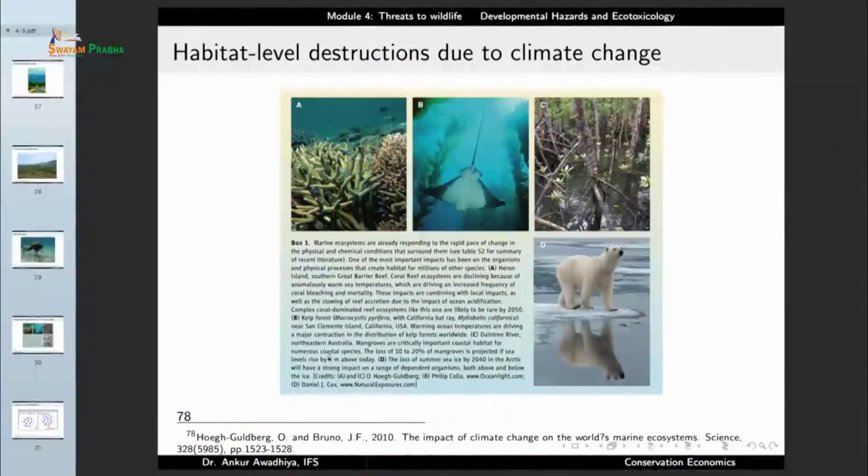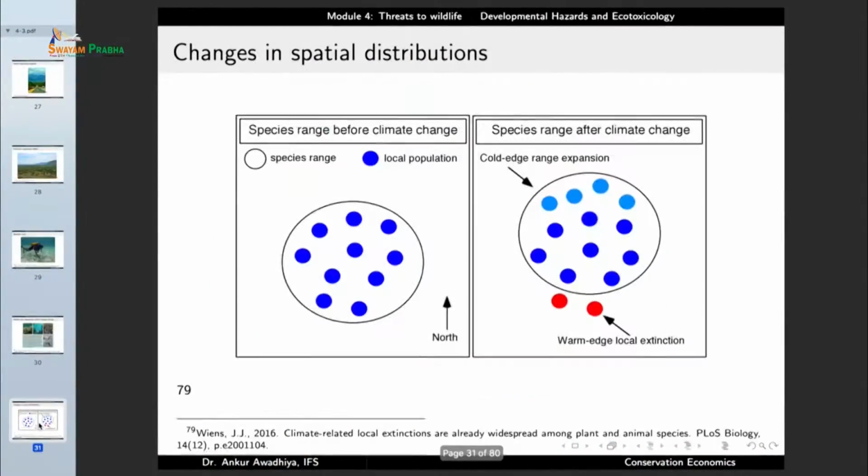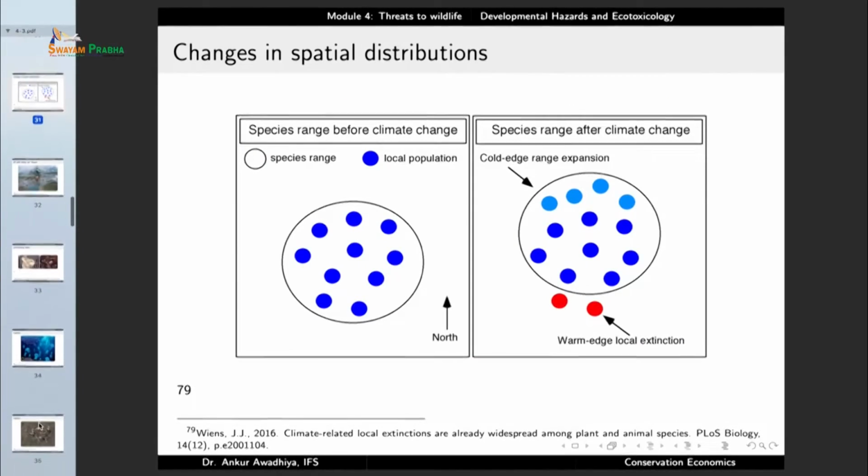So this is also another hazard that we are observing. We are observing changes in the spatial distribution of organisms. The organisms that were living in colder areas, because of an increase in temperature, are dying off because they cannot tolerate that amount of heat.